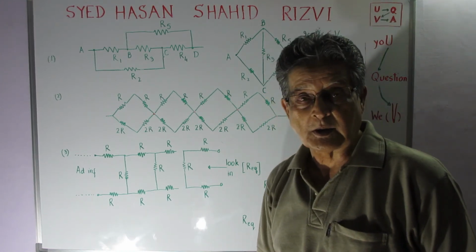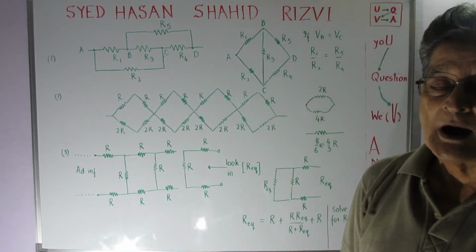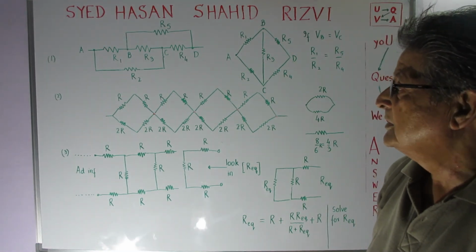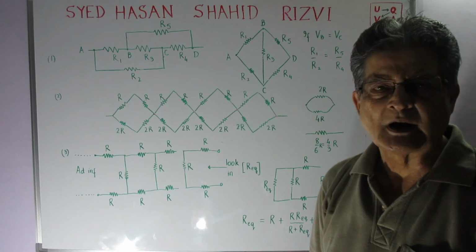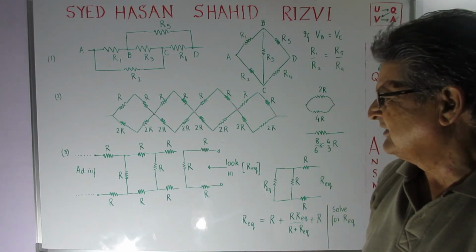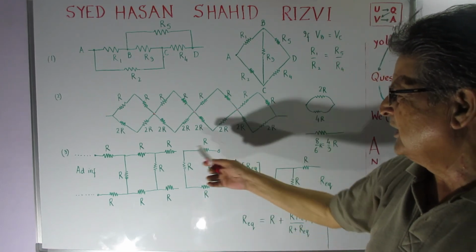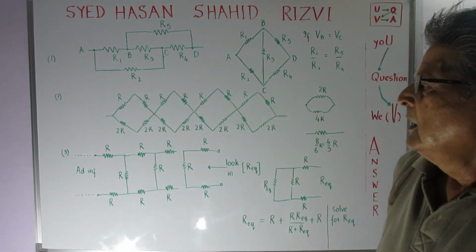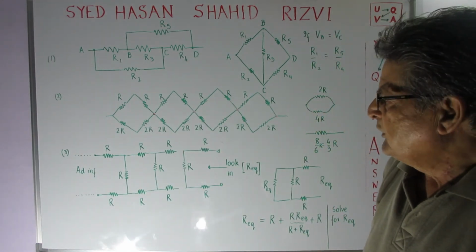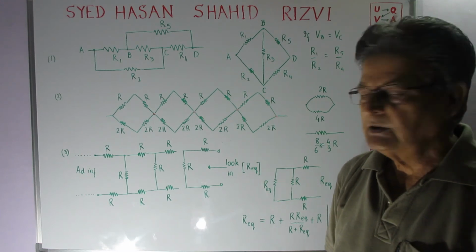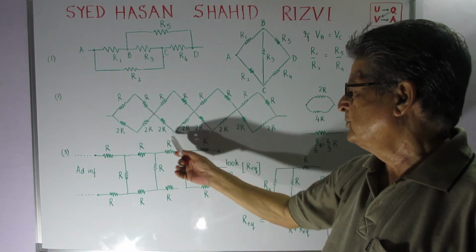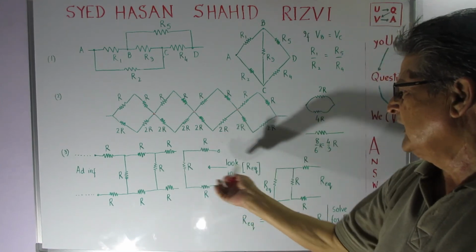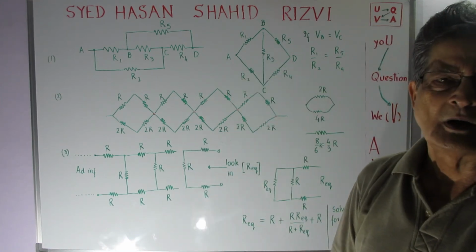Bear in mind that the capacitors in parallel have a different formula than the resistors in parallel and in series, etc. Here also I can keep capacitors and we can make solutions. Of course, another thing which we can do is that instead of putting the R, we can put the impedances and again look into it and solve like that.